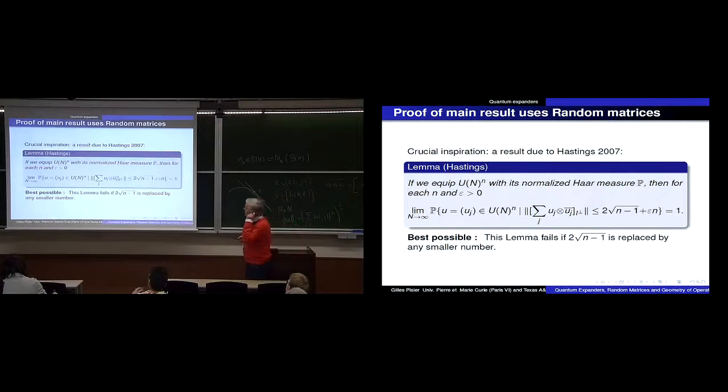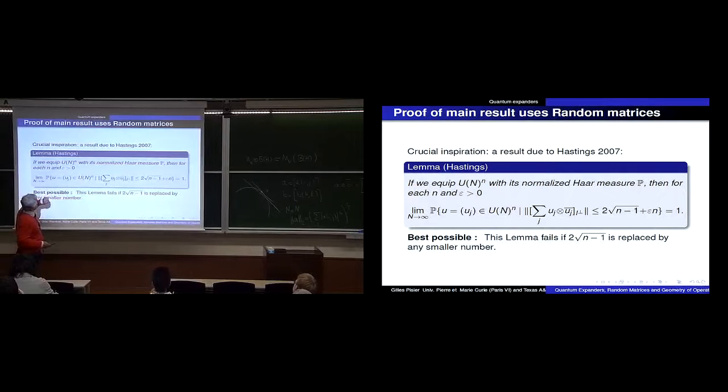So I use random methods, random matrices, and the starting point for me definitely is this beautiful result of Hastings that says that if you pick them at random, you will find plenty of spectral expanders, quantum expanders.